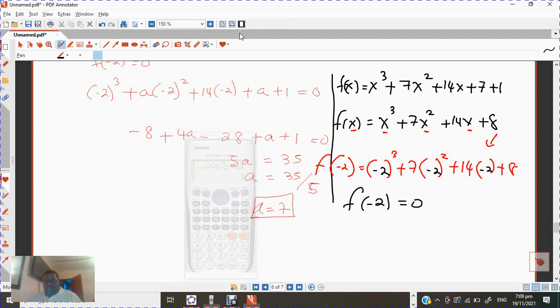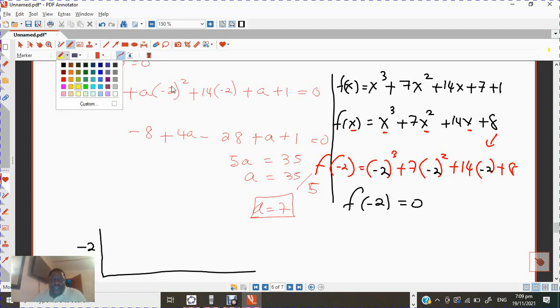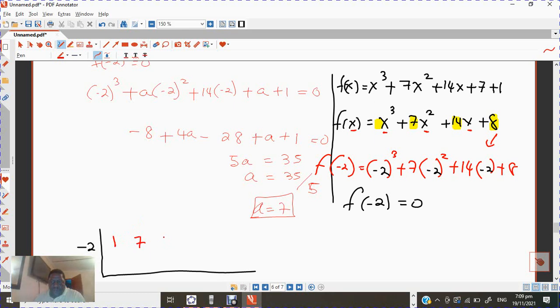Now, if that is the case, I can say -2, and I hope you're still familiar with synthetic division. In synthetic division, remember, we take the coefficients: 1, 7, 14, and 8.